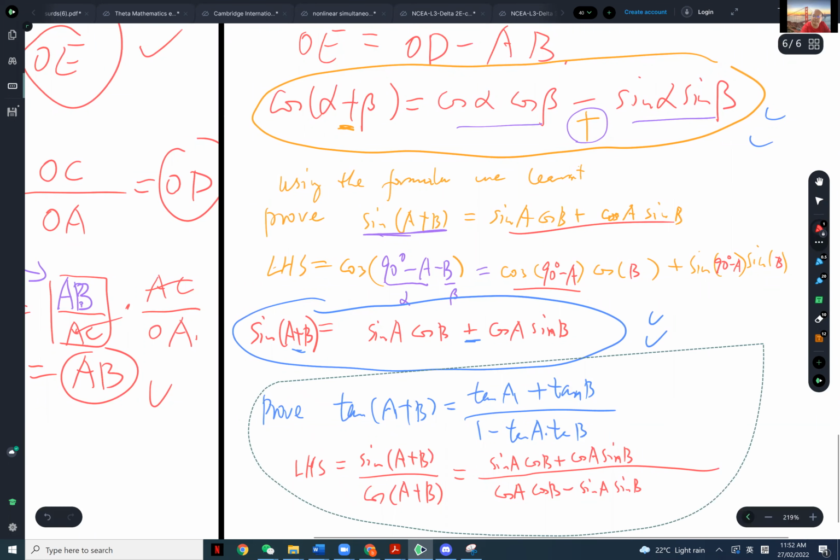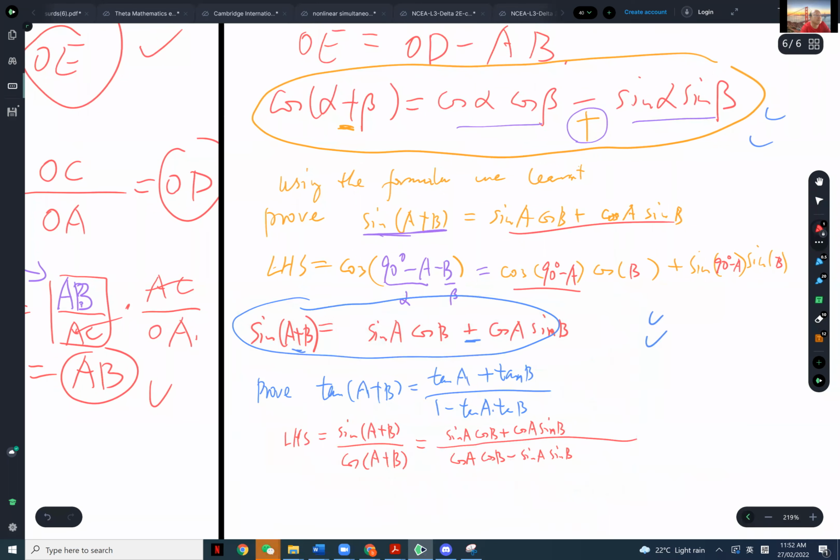If we do the right-hand side, the right-hand side is tan A, which is sine A over cos A, and sine B over cos B. Try to simplify it.